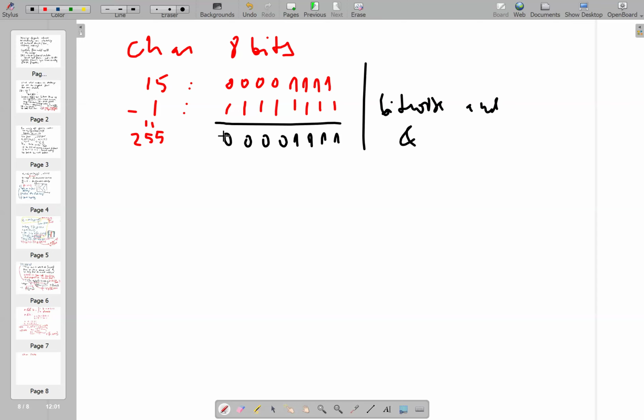Okay. So we zeroed all these 4 elder bits because our mask had 4 zeros. They zeroed everything else that was in there.